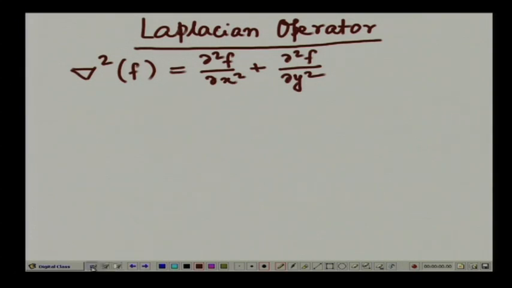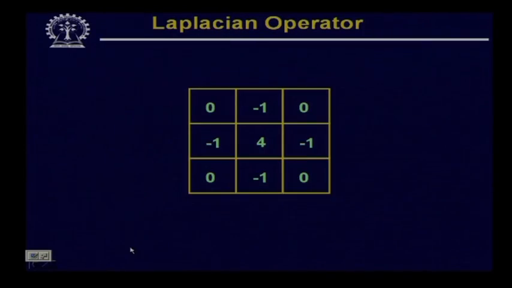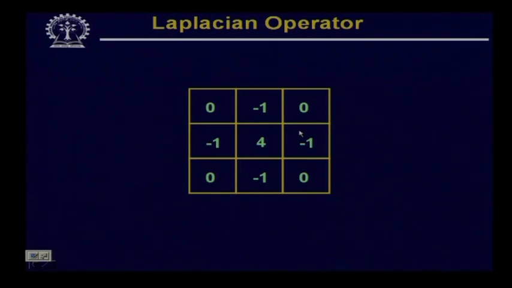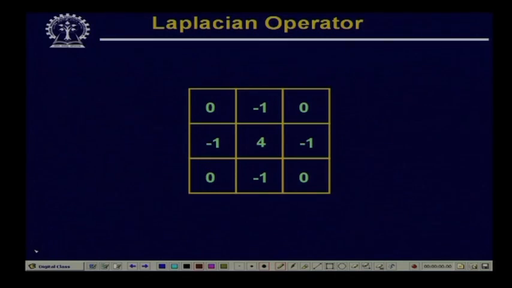And we have also seen earlier that a mask which implements the second derivative operator is given by this, where we are considering only the horizontal direction and the vertical direction for computation of the second derivative. And we have also discussed earlier that if in addition to this horizontal and vertical directions, we also consider the diagonal directions for computation of the second derivative, in that case the center element will be equal to 8 and all the diagonal elements will also be equal to -1.